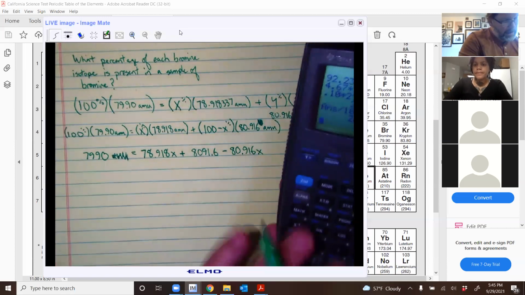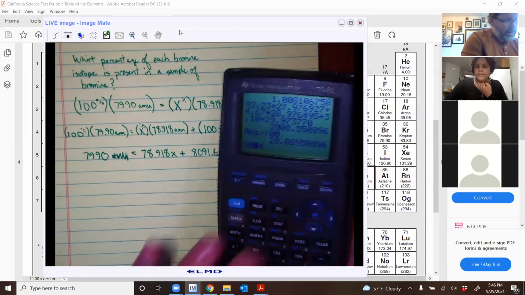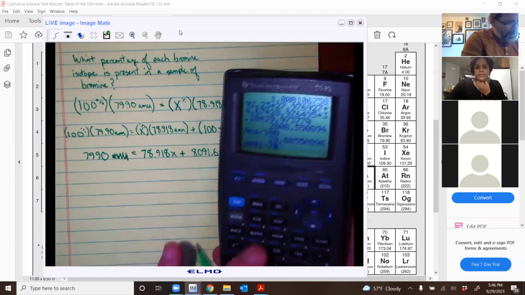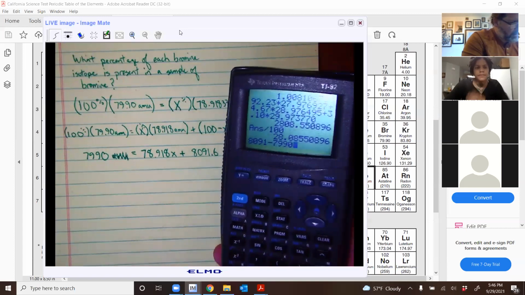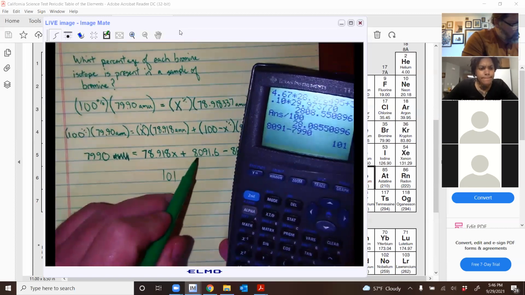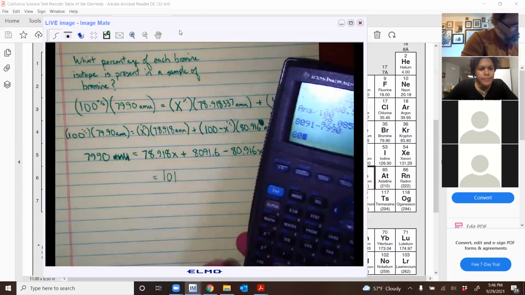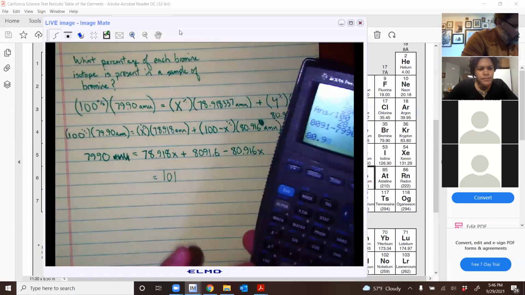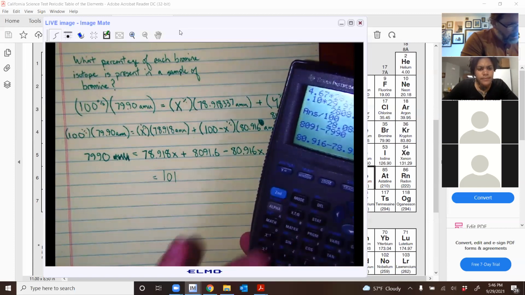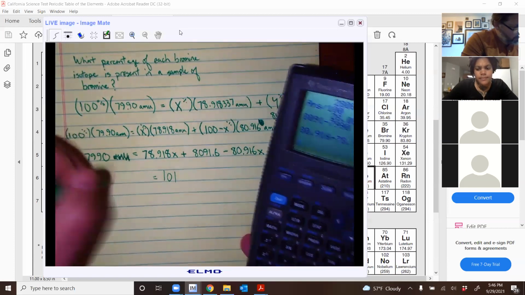So 8091 minus 7990 is 101. So I'm going to keep that on the right side. And then 80.916 minus 78.918 is 1.998.